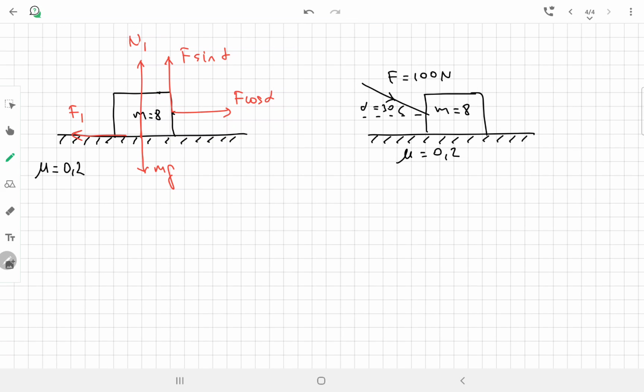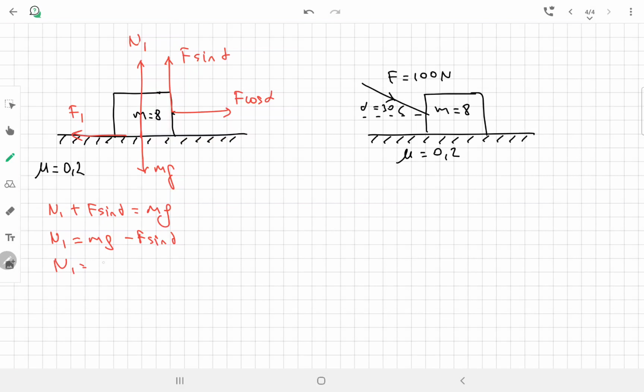So as you see from this figure, let's pay attention to the forces in the vertical component. So N1 plus force times sine alpha equals mg. From here, normal force equals mg minus force times sine alpha.